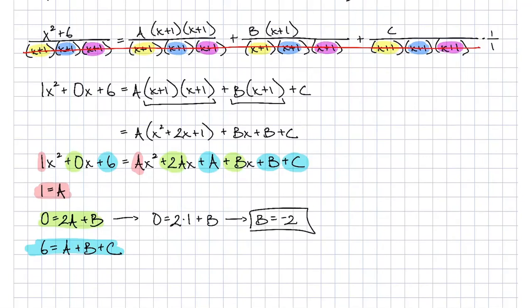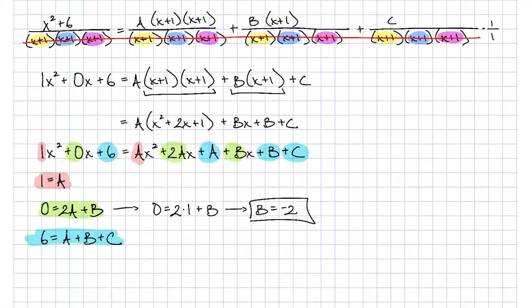Okay, so we have our a value, we use that to find our b value, and then we're going to plug a and b into the last equation to find the c value. 6 equals 1 minus 2 plus c. And let's see, that will give me positive 7. Okay.